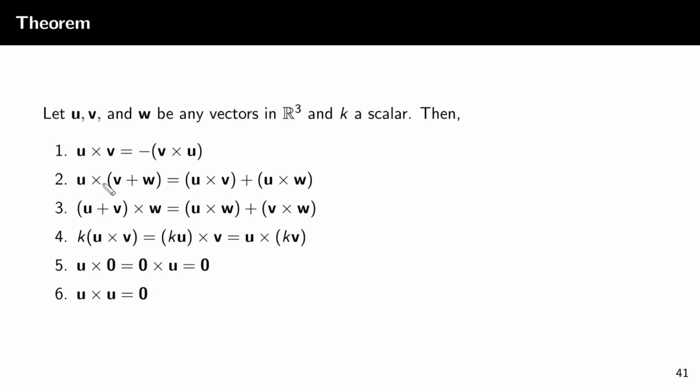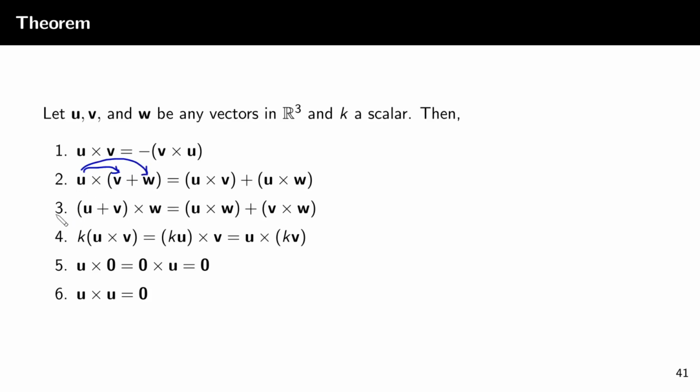In the second property, we have u cross quantity v plus w is equal to u cross v plus u cross w. This just means that we can distribute the cross product over the sum of two vectors. Now number 3.